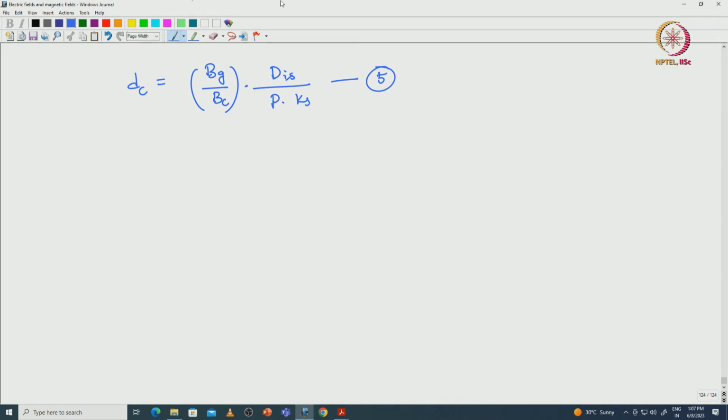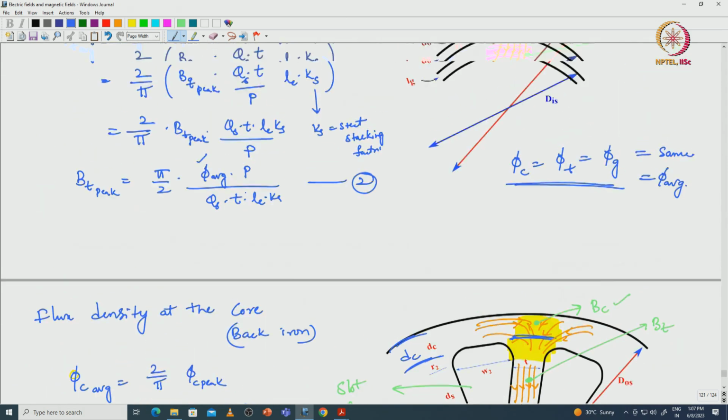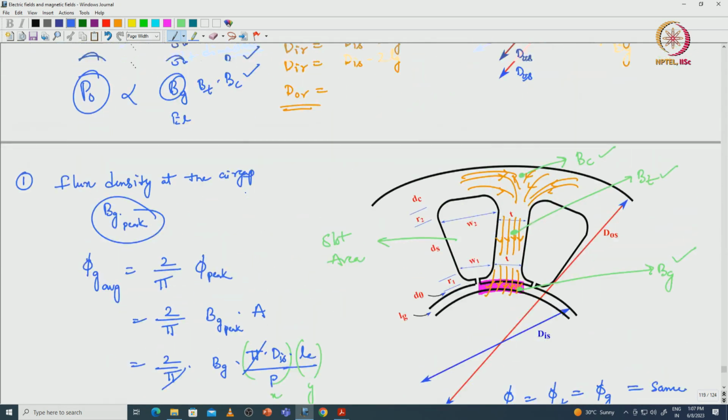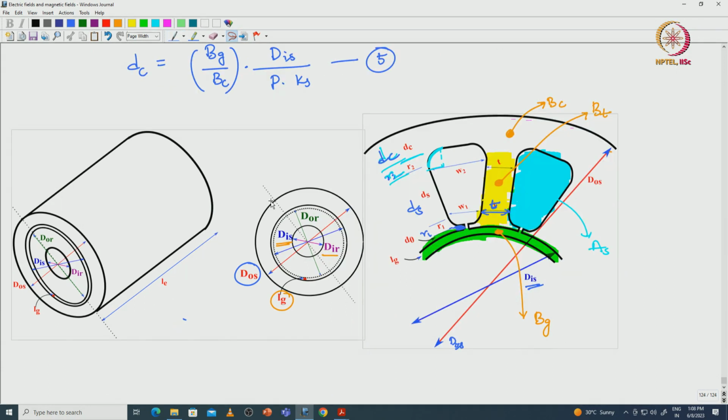Now consider the slot dimensions. We will go back to the same image. Here analyze the slot area as well as different diameters. We have to analyze the dimensions with respect to the rotor as well as stator and slot dimensions.